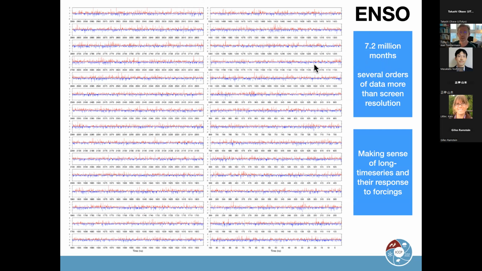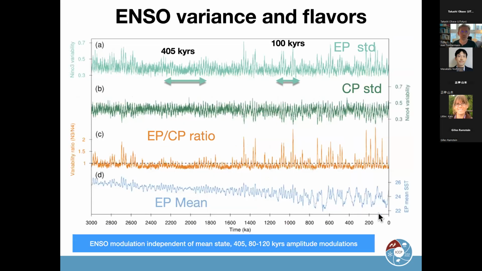So you can imagine doing analysis with a global time series that is 7.2 million months long is quite a challenge. And this is just the ENSO time series, and I don't want you to look at something specific. We will do that in the next one, but you can understand that this monthly analysis is actually quite a challenge for even our data analysis capabilities.